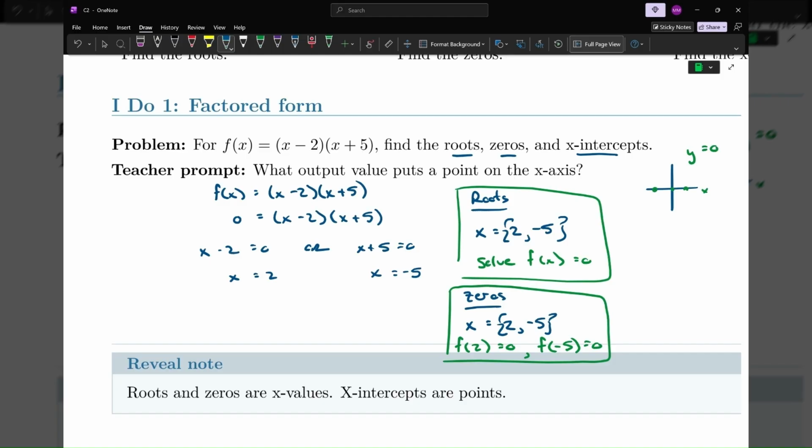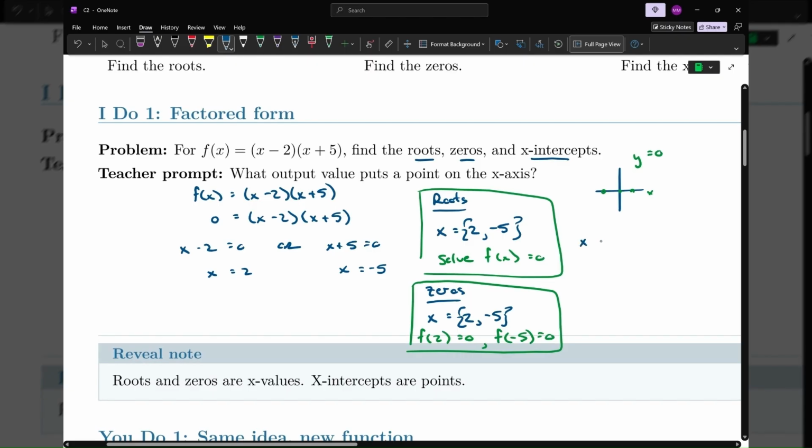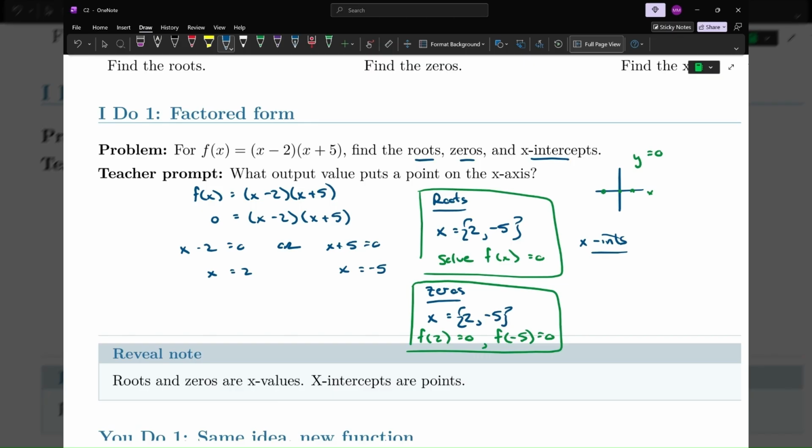Now, for the final one, x-intercepts. I'll move over here a little bit. Well, an x-intercept is graphically where we intersect the x-axis. It's a point in space. So the x-intercept needs that coordinate pair.